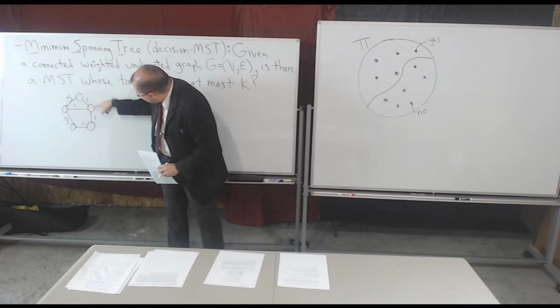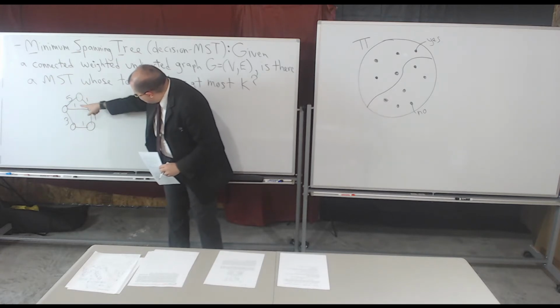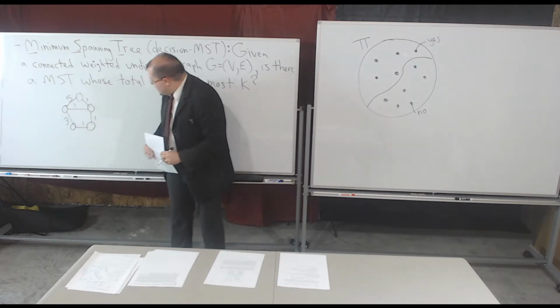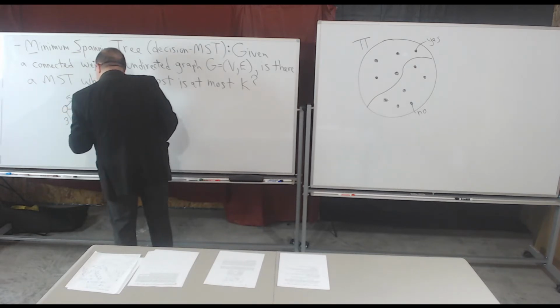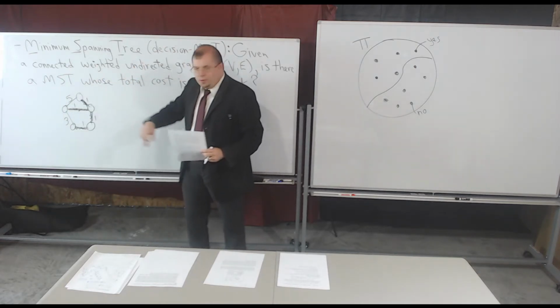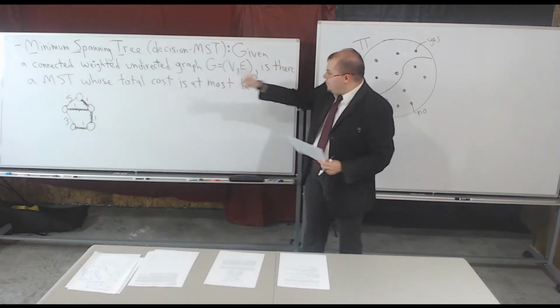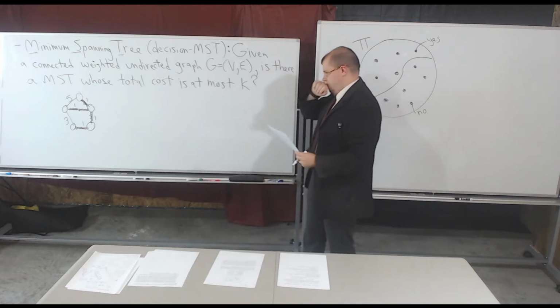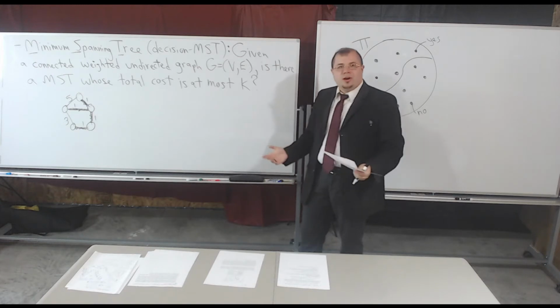Well, the total cost, if I add up these edges, you'll see 1, 2, 3, 4. So if I select this, the total cost of this spanning tree, the one that I've selected here, is going to be 1, 2, 3, 4. 4, right? Nice and easy. So if I pose this as a question, if I gave you that as the input instance, and I told you, is there one with total cost at most 5?